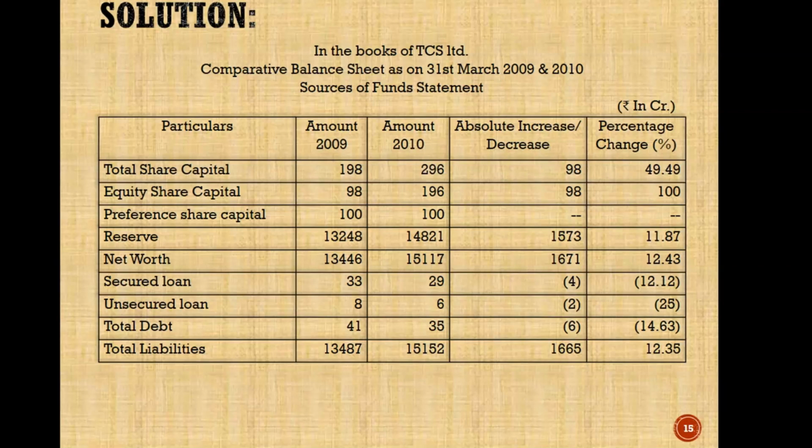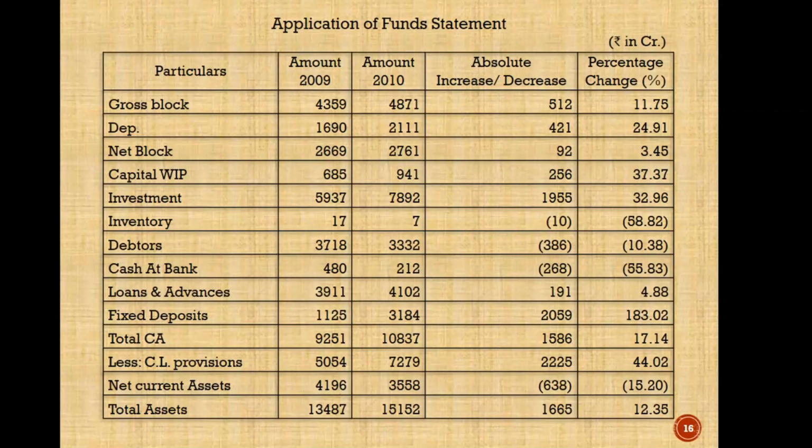In the same way, we will prepare a statement concerned with application of funds. So this is the application of funds statement. You can see here the first three columns are the same: particulars, amount of 2009, and amount given for 2010.